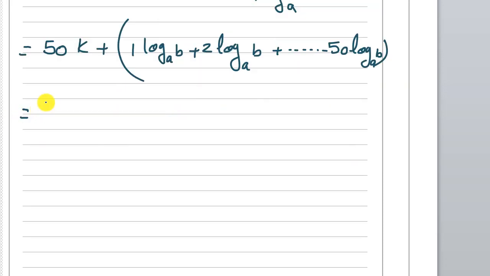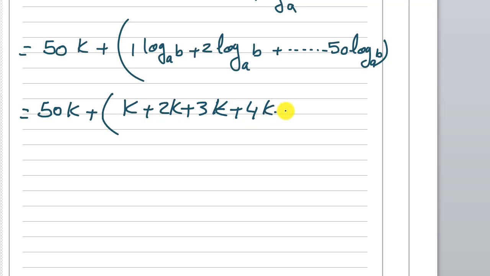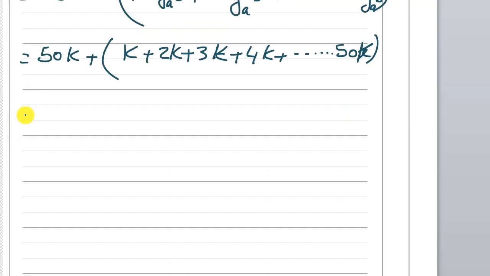So it's 50k plus k plus 2k plus 3k plus 4k to the 50k. So I can write now it's 50k plus summation from n equal to 1 to 50 of n k.